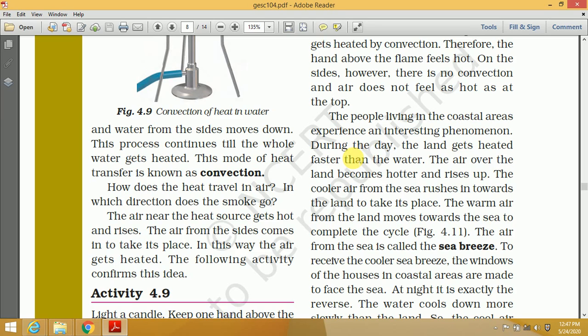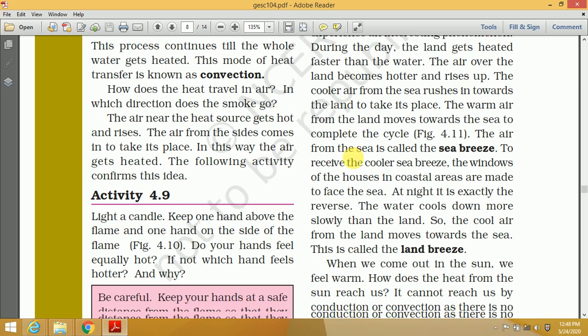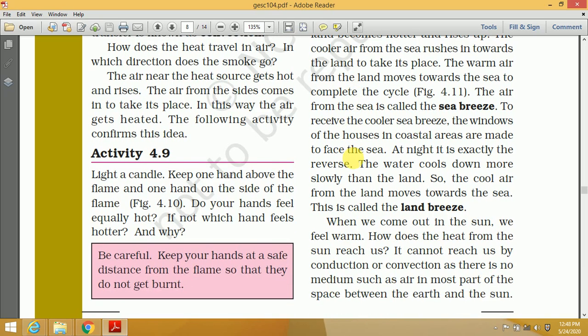So the air over the water will get heated up and rise in the upward direction, and the cool breeze from the land will move from the land to the sea to occupy the empty spaces. So we can conclude, during the daytime in coastal areas the sea breeze flows, and during the night time the land breeze will flow from the land to the sea.